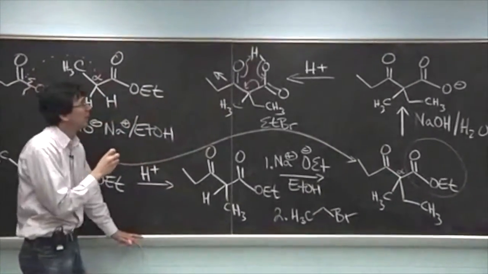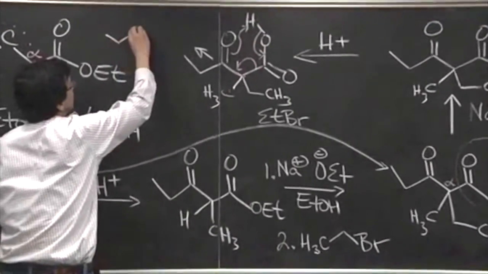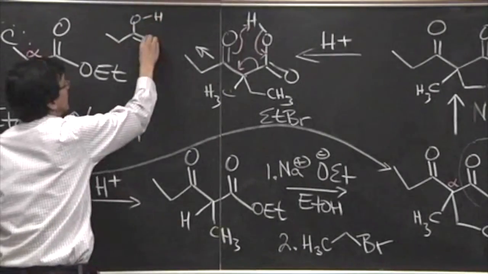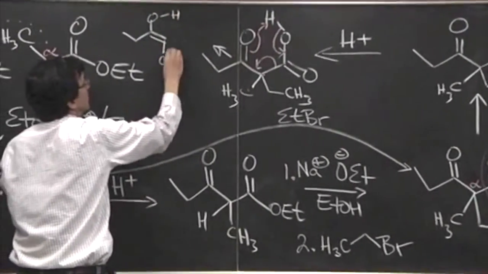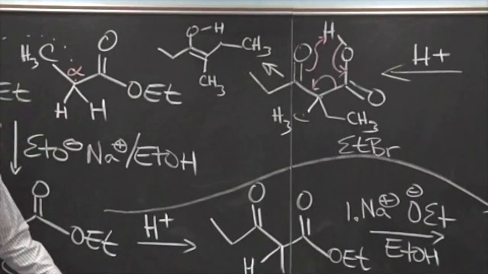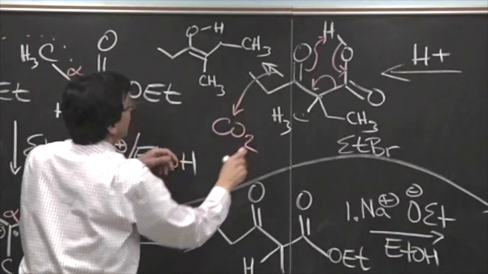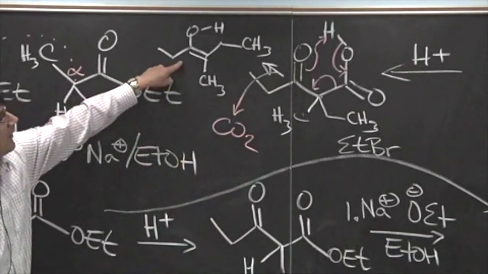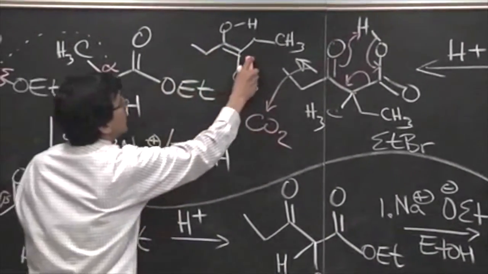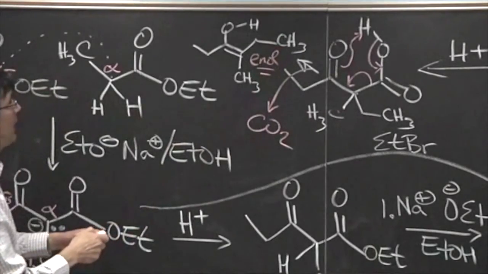Maybe we can zoom in a little bit here because I'm going to have to make my structure a little bit smaller. So the decarboxylation, we've lost a molecule of carbon dioxide. I end up with this. This is just the enol form of the final compound that I was trying to prepare.